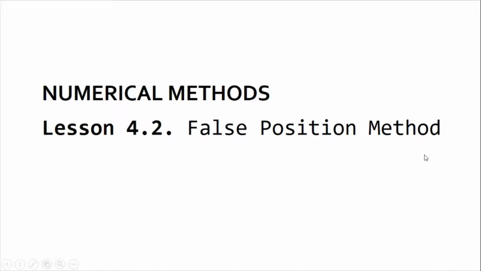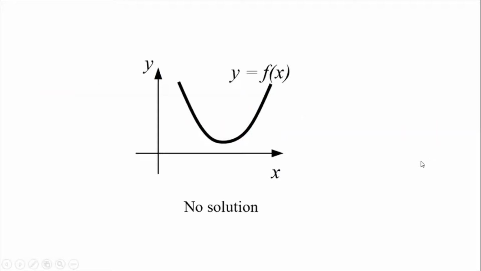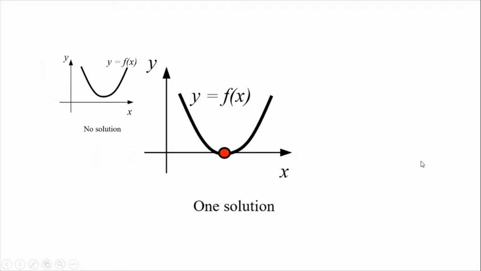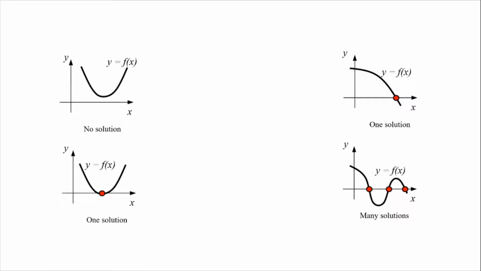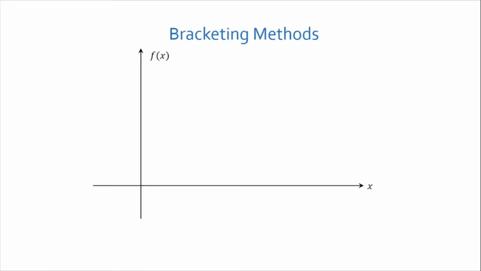An equation of the form f of x equals 0 can have no solution, one solution, or many solutions. In numerical methods, the solution of f of x equal to 0 can be divided into two groups: the bracketing methods and the open methods.